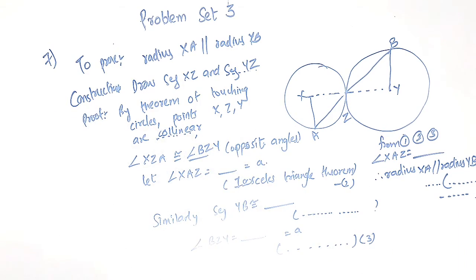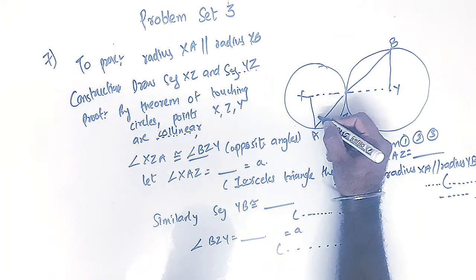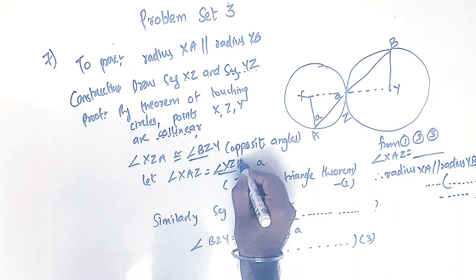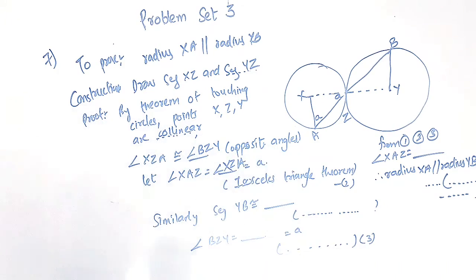Okay, so let angle XAZ equal A, isosceles triangle theorem. So for the isosceles triangle theorem, I'll say this angle and this angle, so angle XZA equals A.